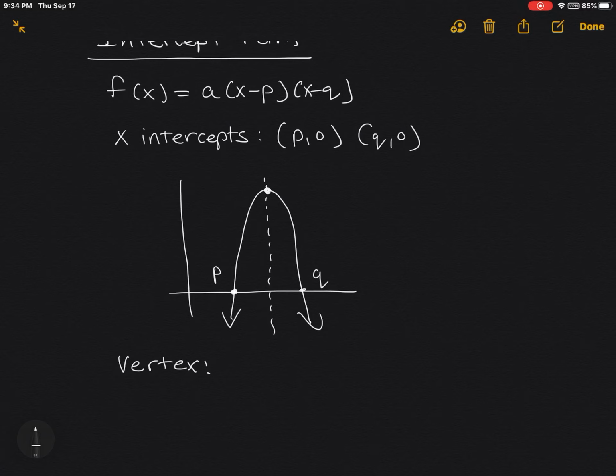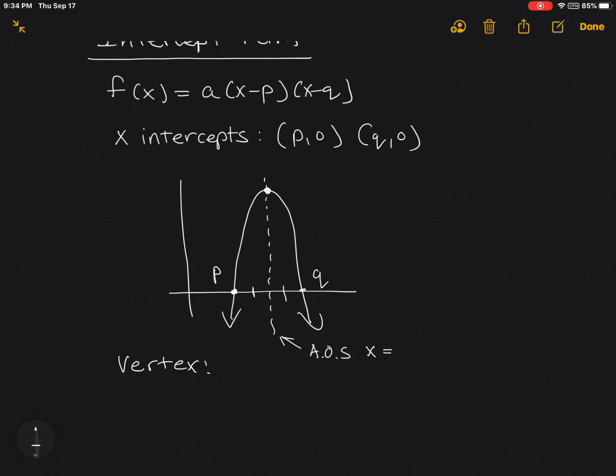I want you to think about it, right? This point right here has the same distance to the, this is called the axis of symmetry, by the way. Okay, I forgot to mention that. Your AOS is the x value of the vertex. We'll talk about what that is in a second here.